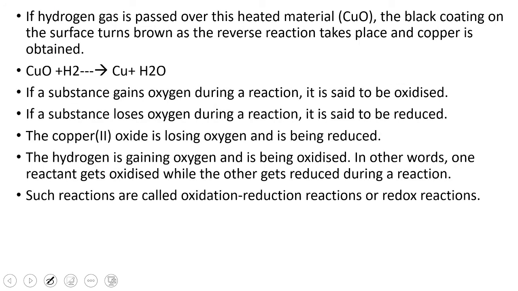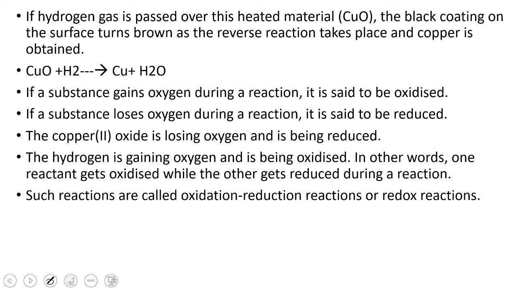Now, one more reaction. If hydrogen gas is passed over copper oxide, like cupric oxide, then what happens? Copper is formed and water is liberated. The black coating on the surface turns brown as the reverse reaction takes place, because copper is formed here.